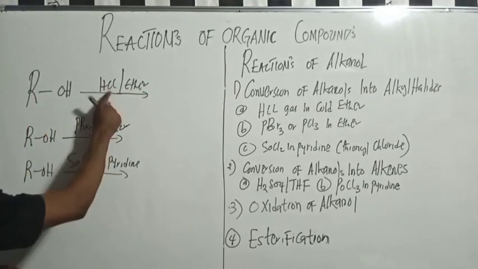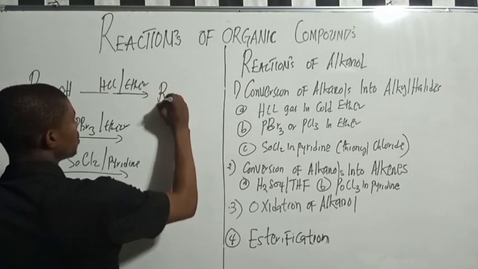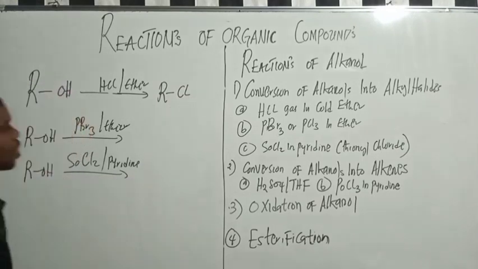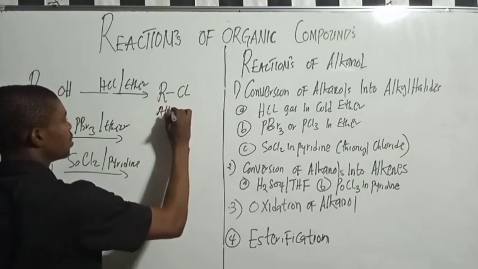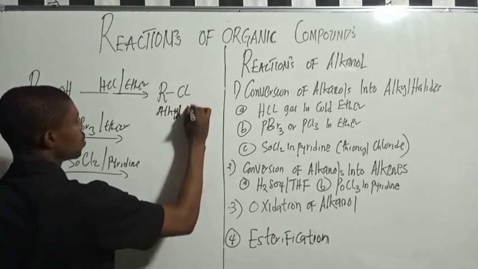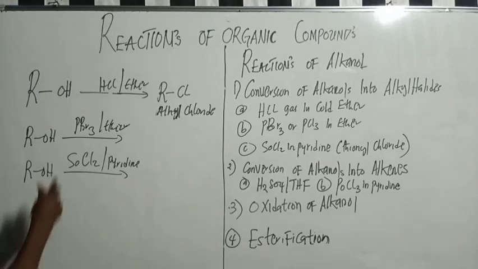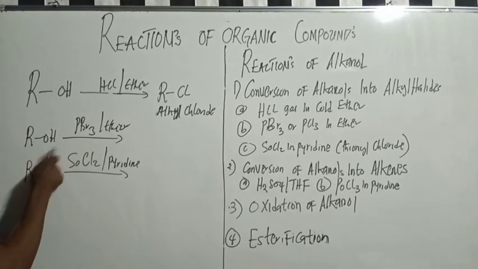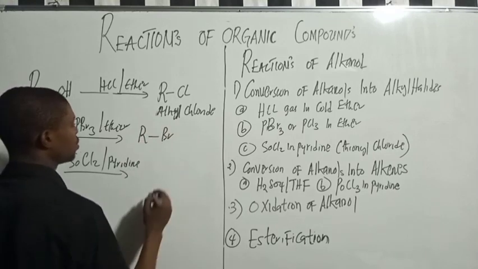In the sense that the chlorine will replace the OH here. So the main product is RCl, that is the main product, called alkyl chloride. Now the same here, this Br will replace OH here. Then we have RBr here. Do you see that?